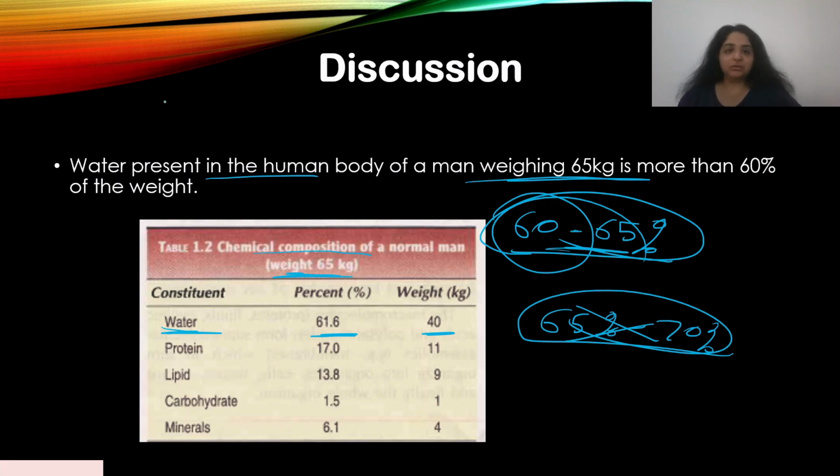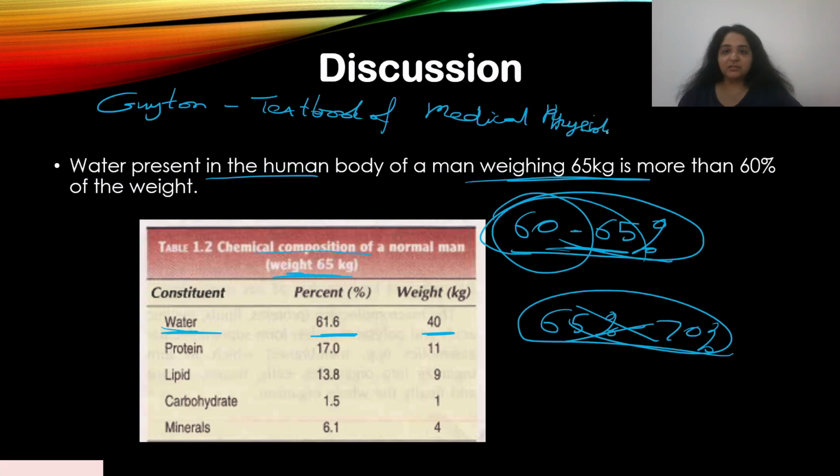For your sake, I have referenced Guyton, which is a textbook of medical physiology. Don't worry, you'll come across this when you study MBBS. And there's another book called Biochemistry by Dr. Satyanarayan.